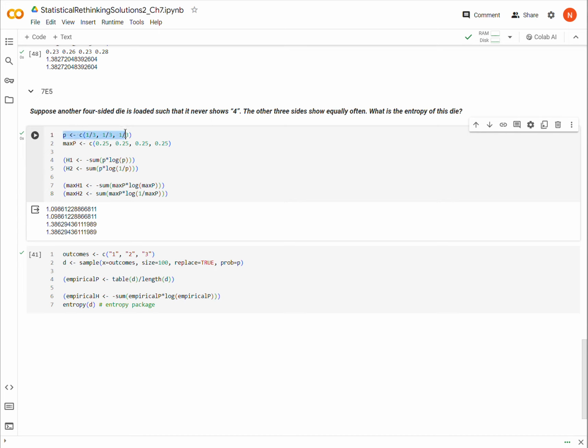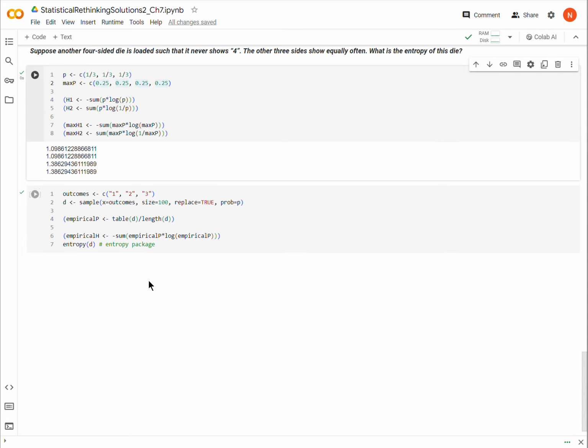Our prescribed probabilities are basically a uniform distribution spread among 3 options, but we have 4 options. We're basically comparing the uniform probability distribution of 3 outcomes versus 4 outcomes, and just like we learned in the previous video, one of the desirable features of a measure of uncertainty is that as we have more options, entropy should increase. In fact, that's what we see here.